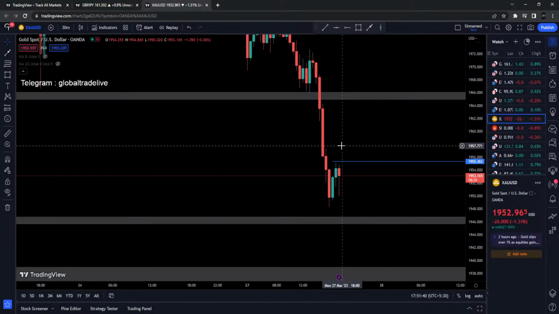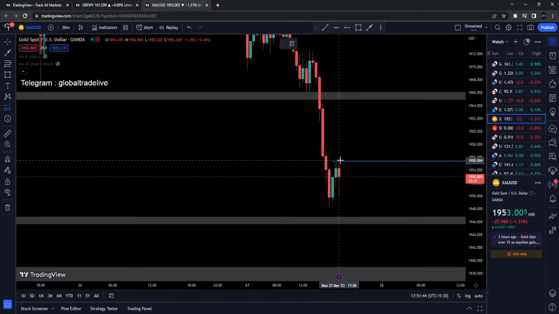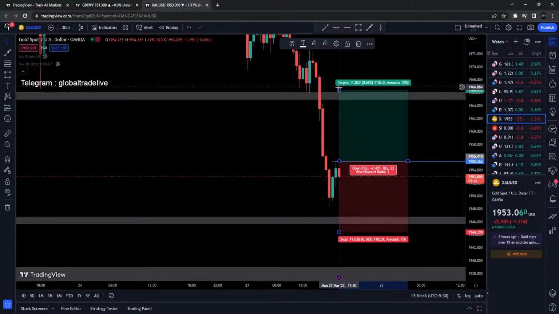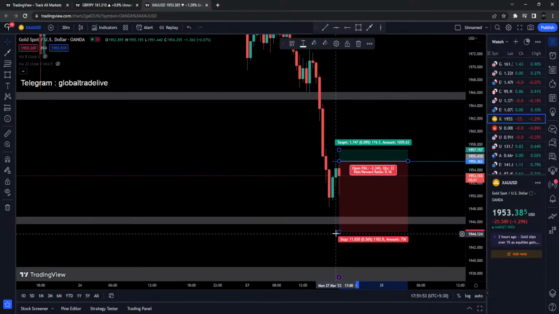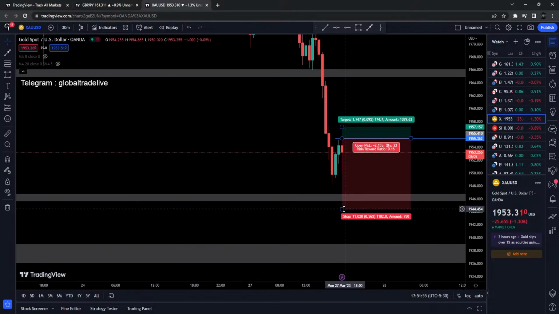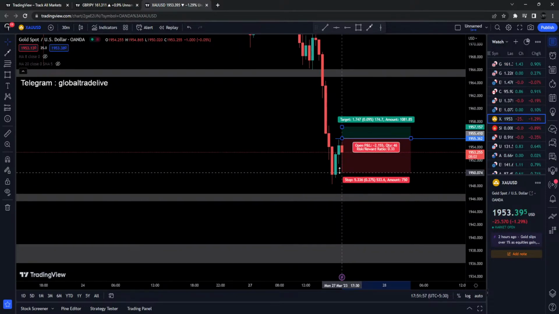So in that case, I think that will be an easy 10 pips opportunity which is gonna come to us in no time. So I'm gonna just target a few pips, 17 pips maybe, and I'm gonna keep my stops.